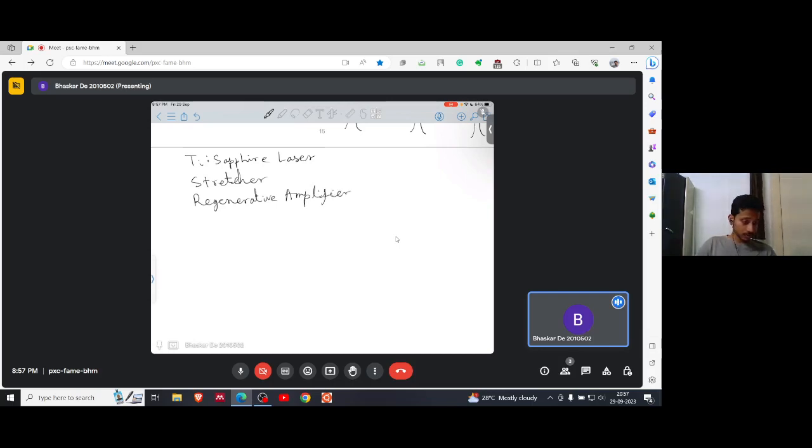Then after that we have some part of amplifiers. Then we have a compressor. So all these things we have in a pulse laser.